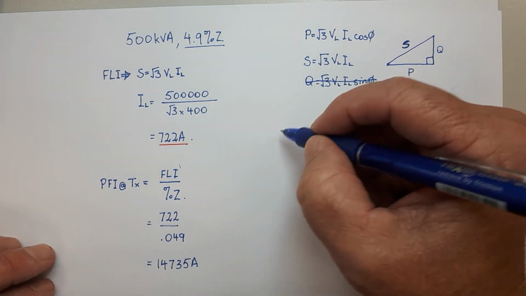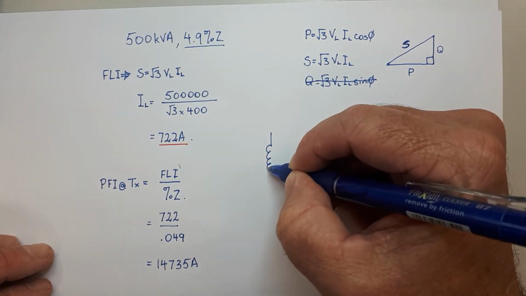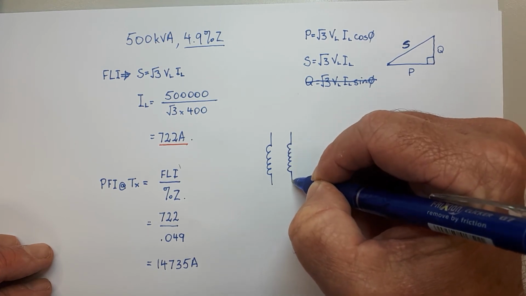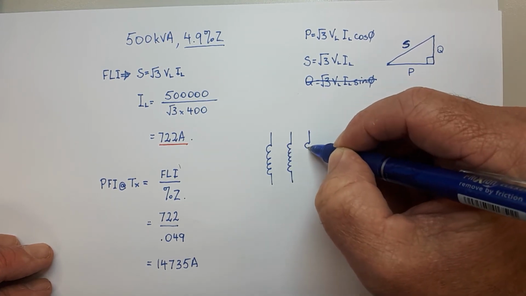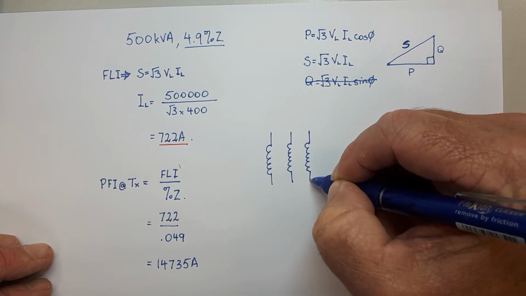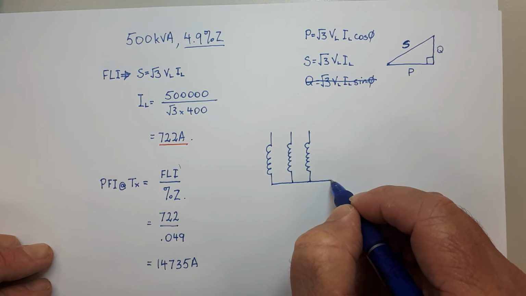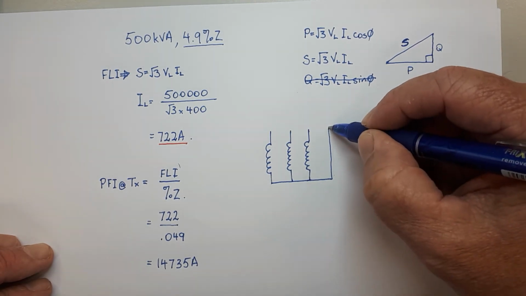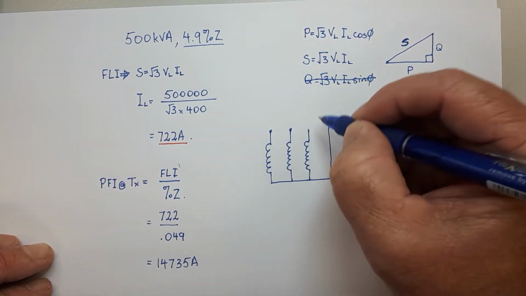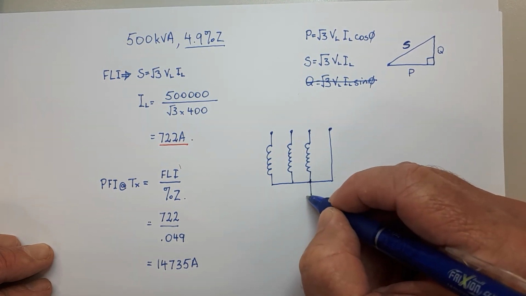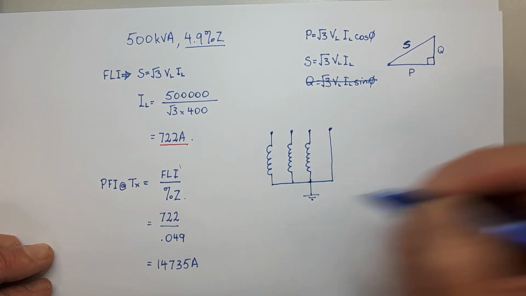That means that if you have a transformer like this, three phases, we'll always give you three-phase transformers to puzzle out. This would be a transformer under normal conditions. Those three are phases, obviously, and that's your neutral, which is always going to be Earth.